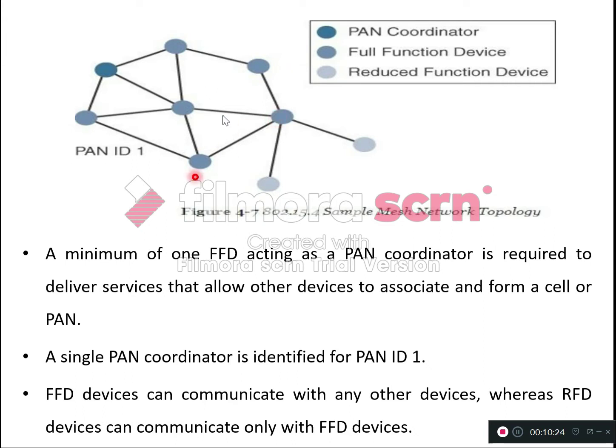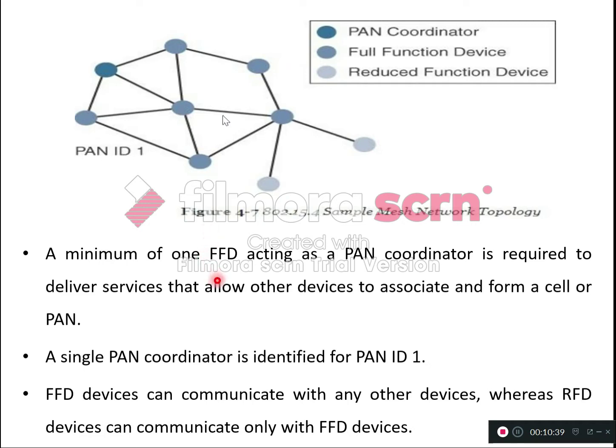So that is the introduction of these nodes. Now this is a PAN coordinator which will coordinate all these devices. These are full function devices and these two are the reduced function devices.